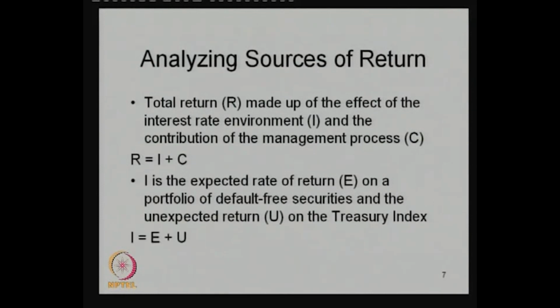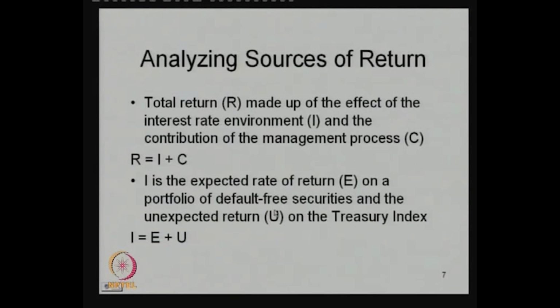So, as we know, these are the different factors which affect the return of the bonds, where this particular source comes from and how the sources of return are determined. Already you know that the total return is made up of the effect of the interest rate and the contribution of the management process, and the management process is the process through which the portfolio manager or the fund manager invests the money in the market in terms of bonds.